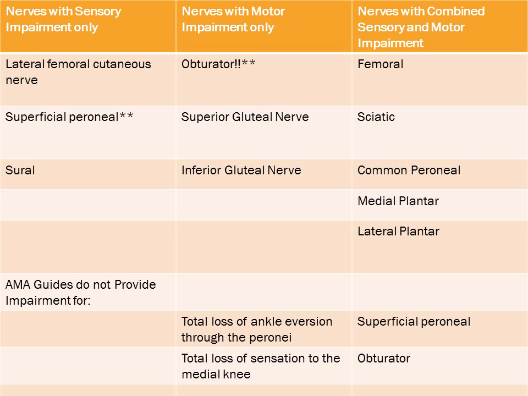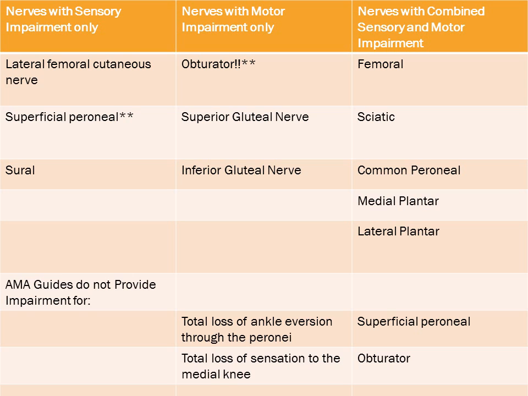Similarly, the superficial peroneal nerve is a motor and sensory nerve. It provides for motor supply to the peroneus longus and peroneus brevis muscles. However, the AMA Guides do not provide impairment for loss of function of the superficial peroneal nerve.